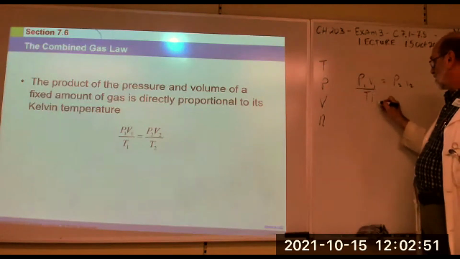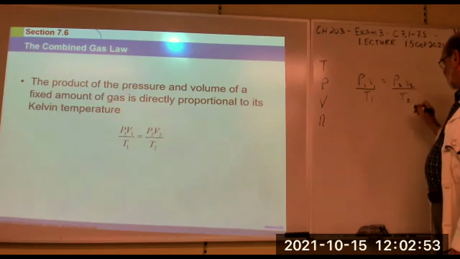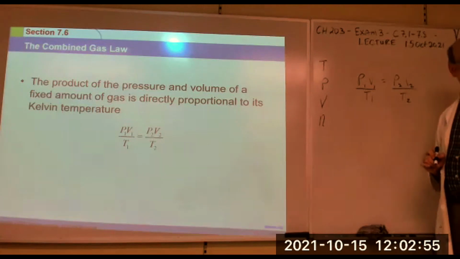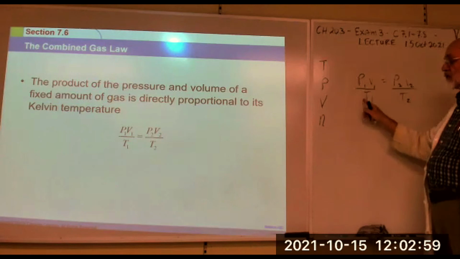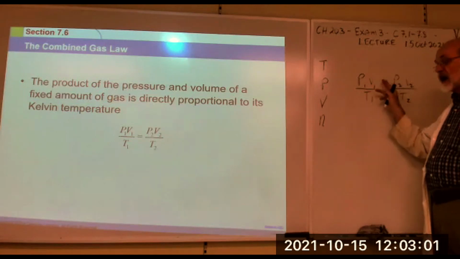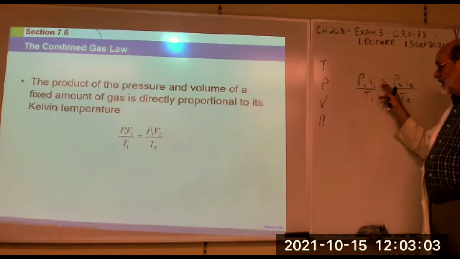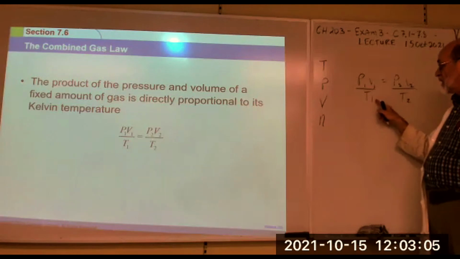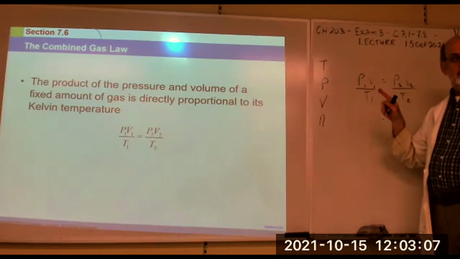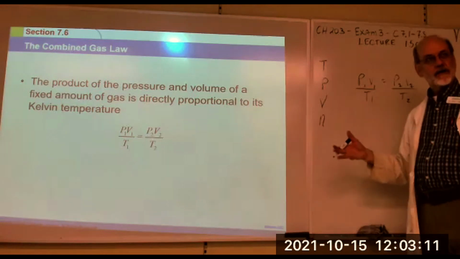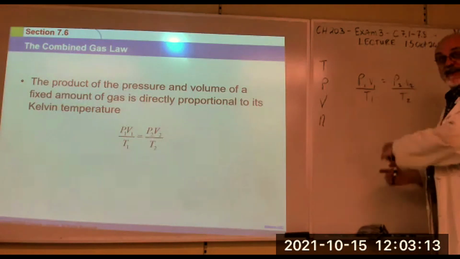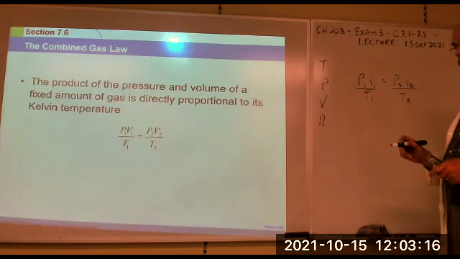It's that. This also introduces a relationship between pressure and temperature. If the volume is constant and the moles are constant, then you increase the temperature, you increase the pressure. That's not a separate law, but the relationship is still there and it's true.